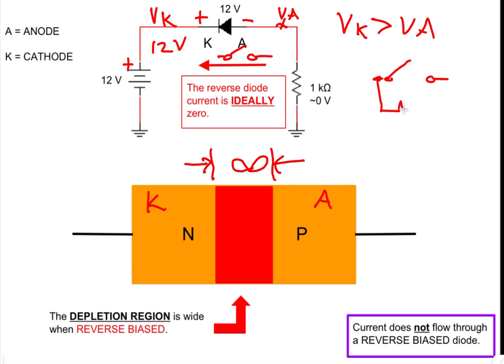If you were to look at this more technically, we would put a high value resistance in parallel with that switch to represent the dynamic resistance between the anode to cathode. So what that means is a diode reverse biased acts like an open switch with a high value resistor between them. Okay, so it really isn't infinite.